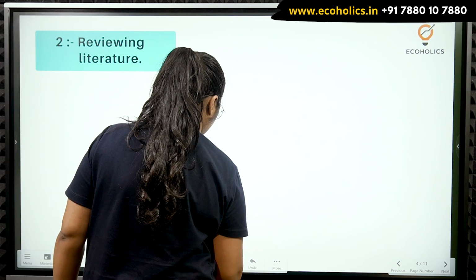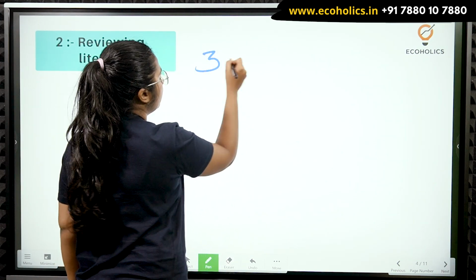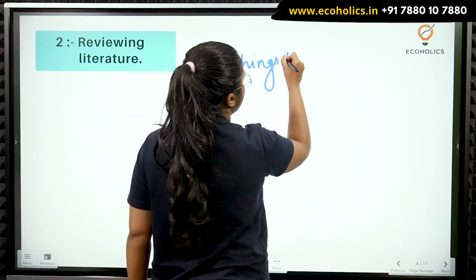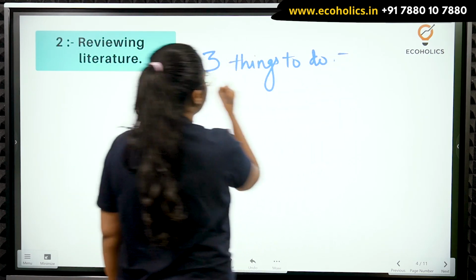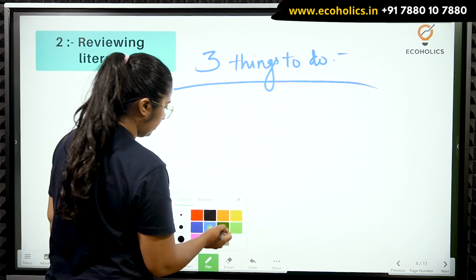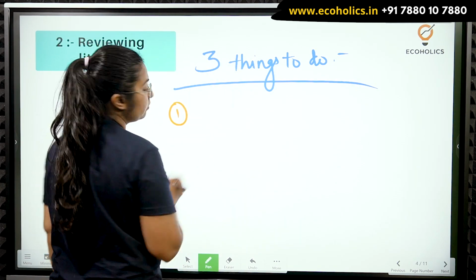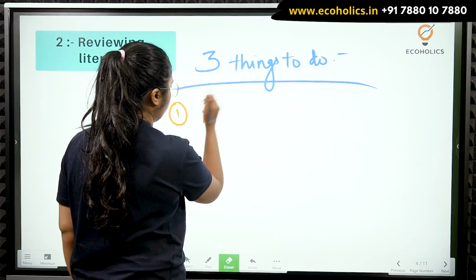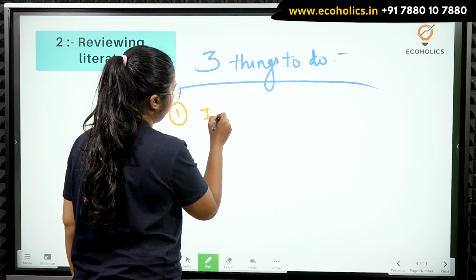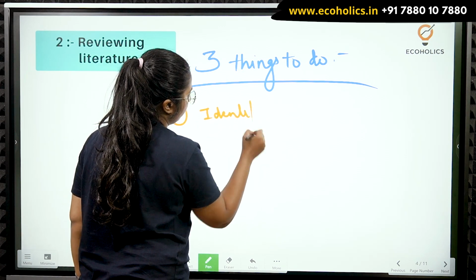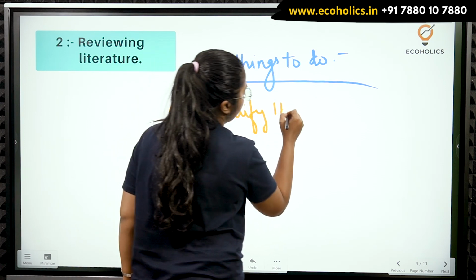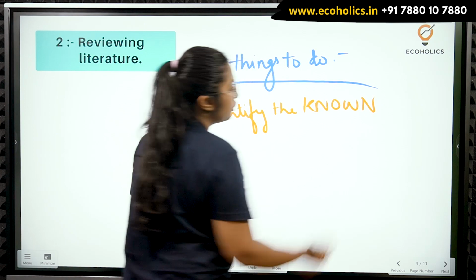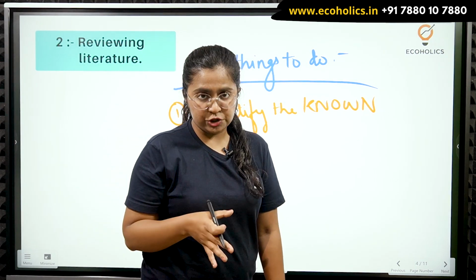So 3 things to do in your review of literature are: 1, to identify the known, something that you already know about whatever you're researching about.